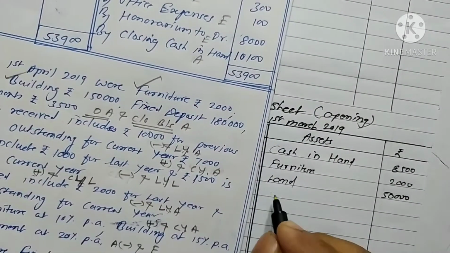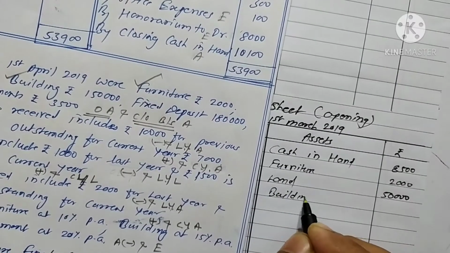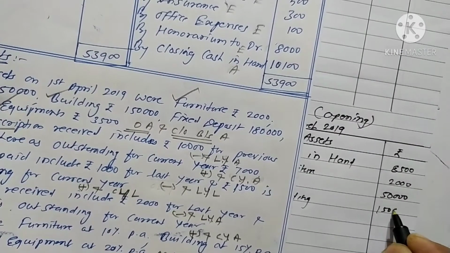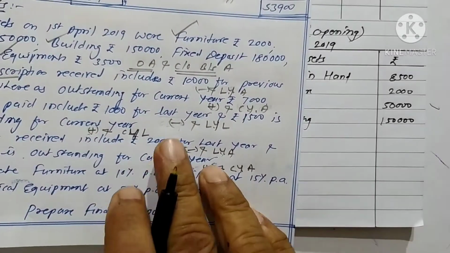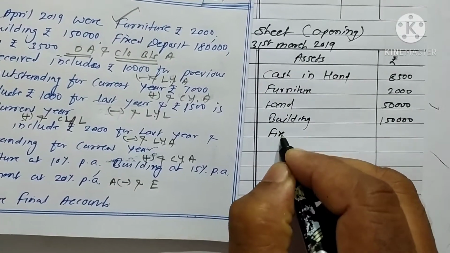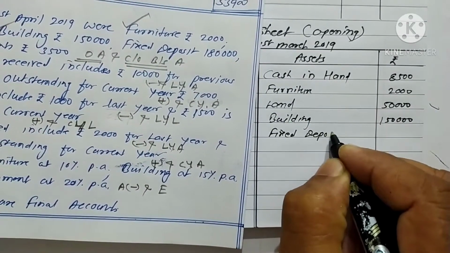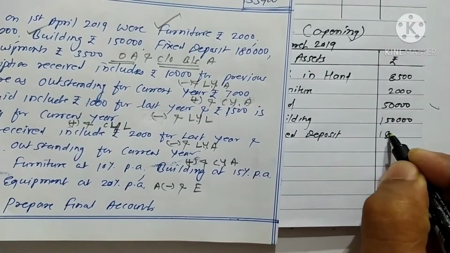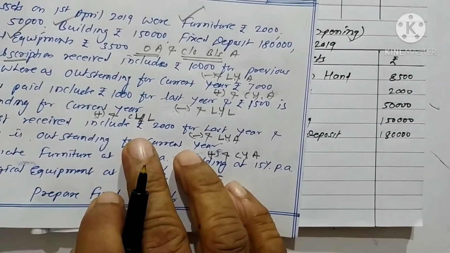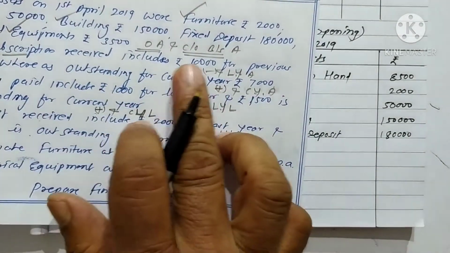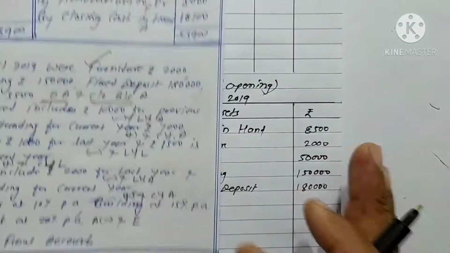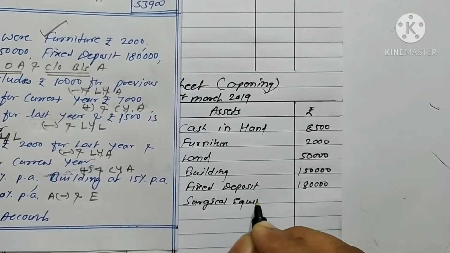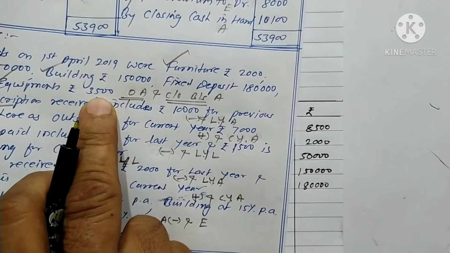Next is building, rupees 1,50,000. Next is fixed deposit, rupees 1,80,000. Next is surgical equipment, rupees 3,500.